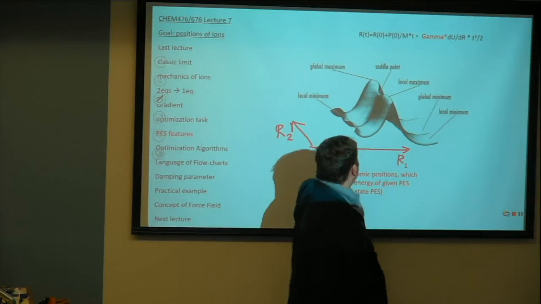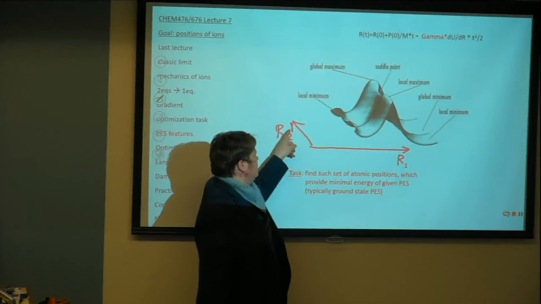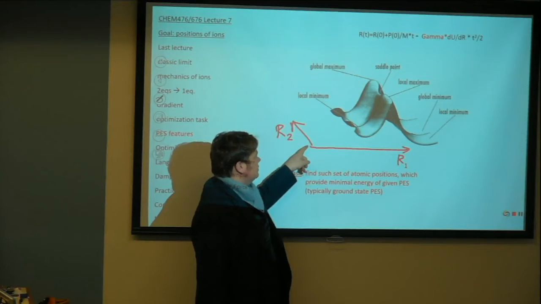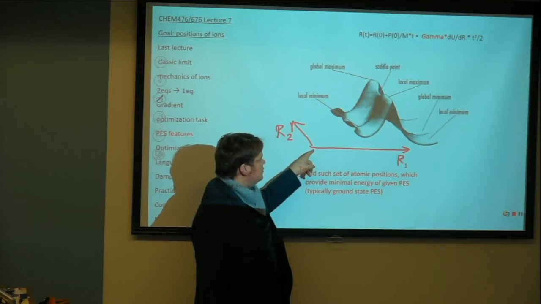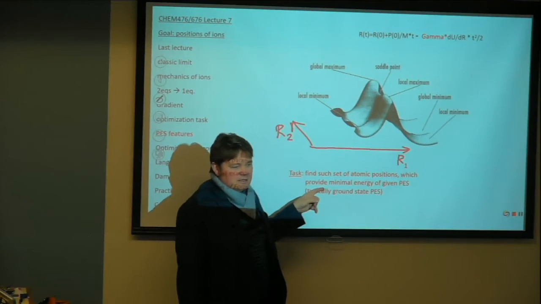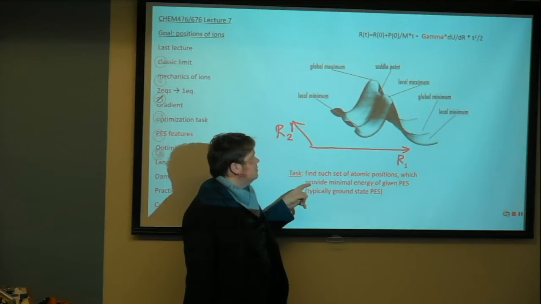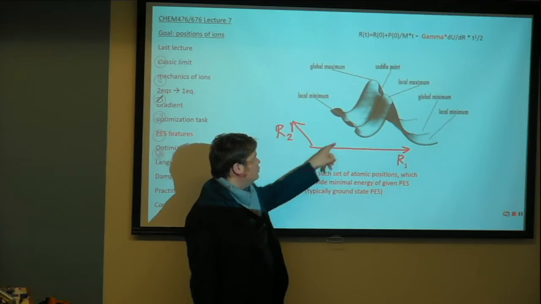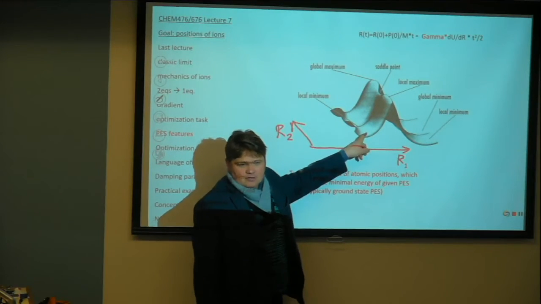If you have more than one interatomic distance, the potential surfaces can take complicated shapes, and there is a standard language to call the features of the surfaces.